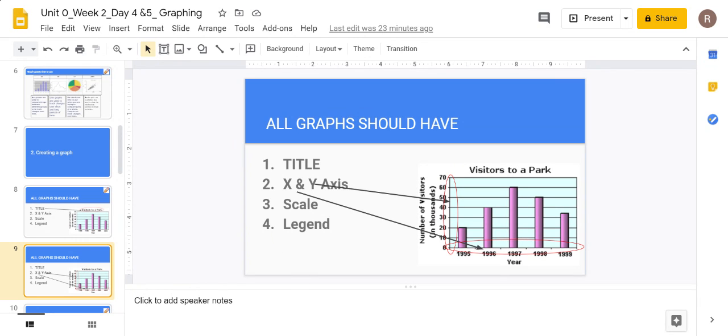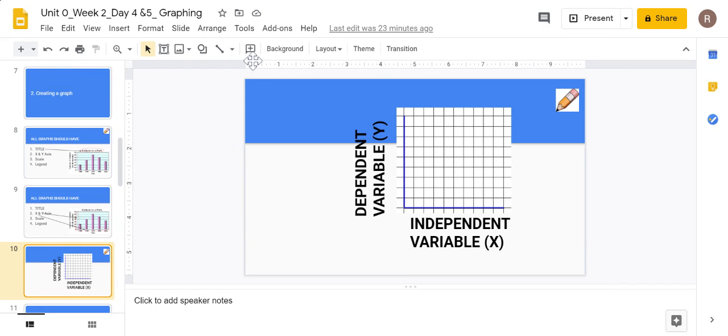Okay, so again, I just highlighted the X and the Y axis. The Y axis is standing up vertically. The X axis is laying down horizontally. Now, this is another big part of creating meaningful graphs, okay?